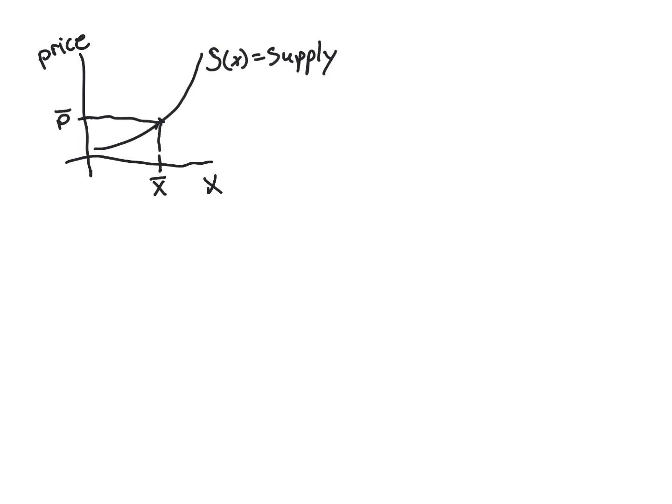And if you're the producer and you're willing for this number of units to be sold at this lower price, but you actually get this higher price for it, then you kind of feel like this is extra money in your pocket, right?